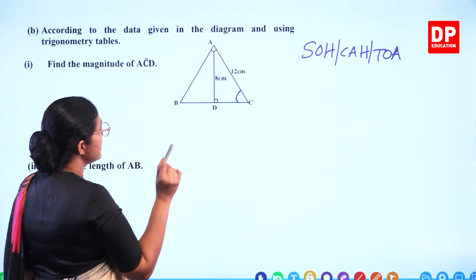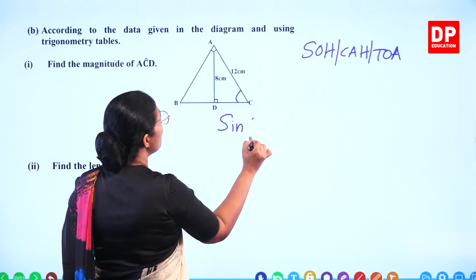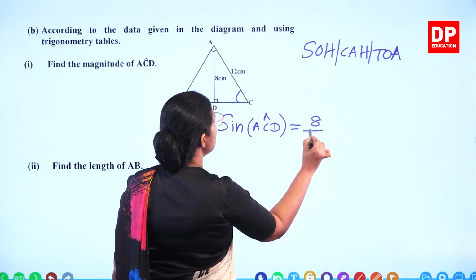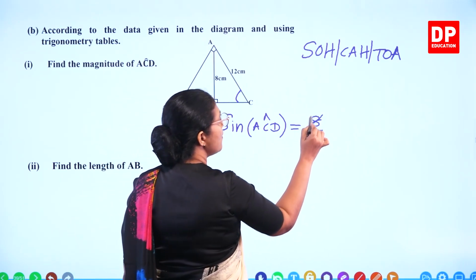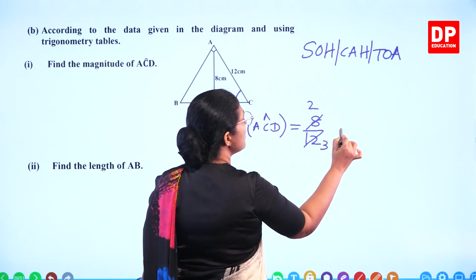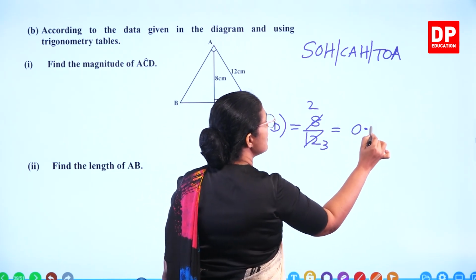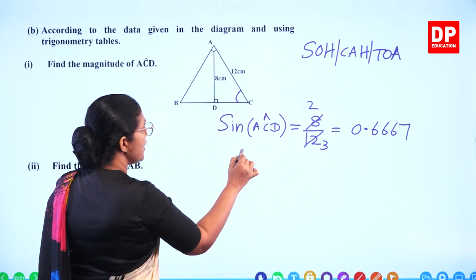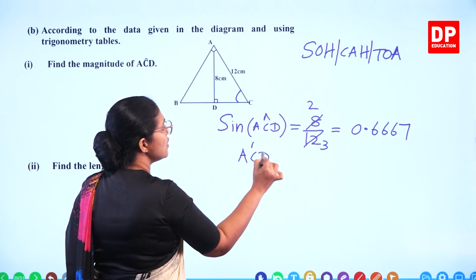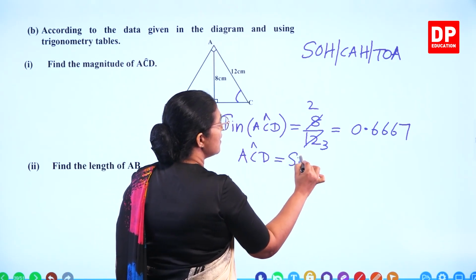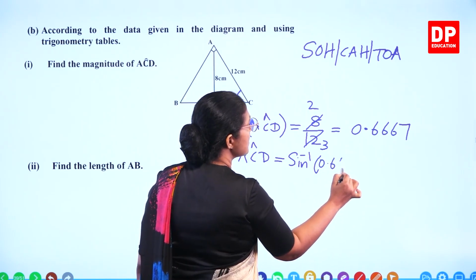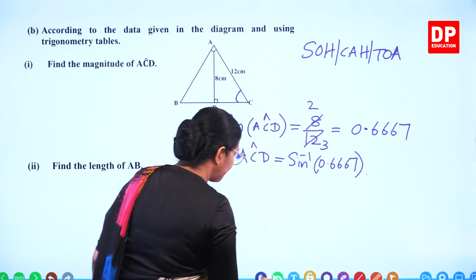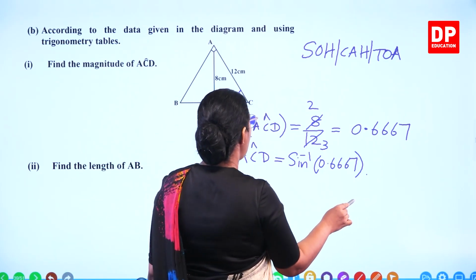So you can write sine of angle ACD is opposite 8, hypotenuse 12. Simplify. 4 times 2, 4 times 3. 2/3, when you write as a decimal, 0.6667. So how do you find the angle ACD? You have to take the sine inverse of 0.6667. So let's look at the sine table and get the angle.